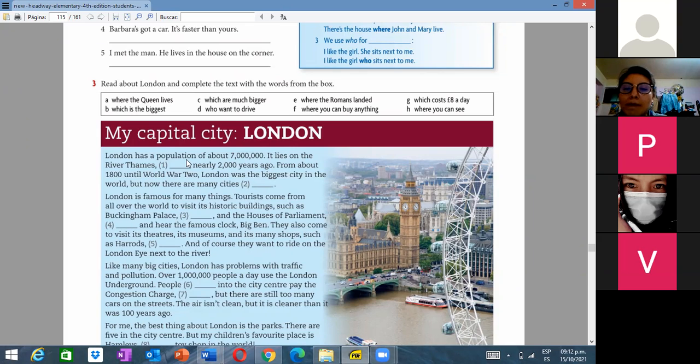¿Cuál será? Aquí ya nos está dando otra pista. It lies on the River Thames. ¿Dónde? The River Thames, right? Which one do you think is the correct answer here?